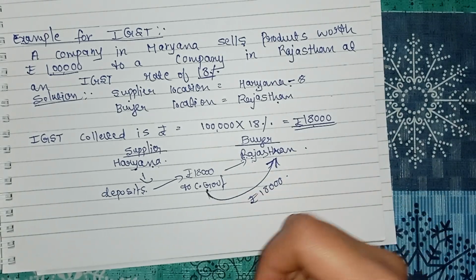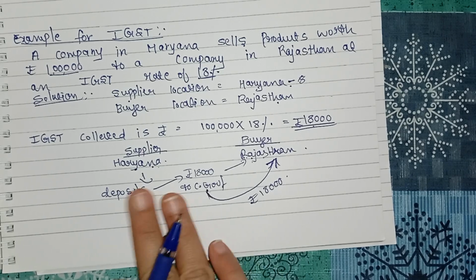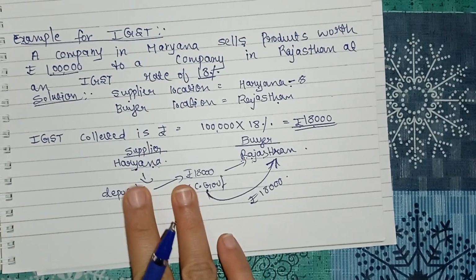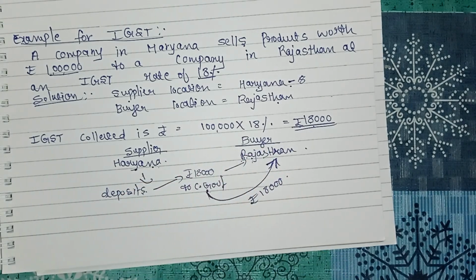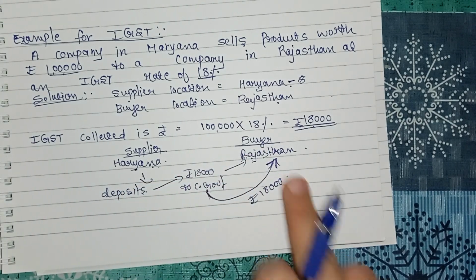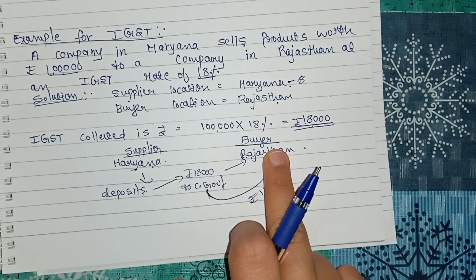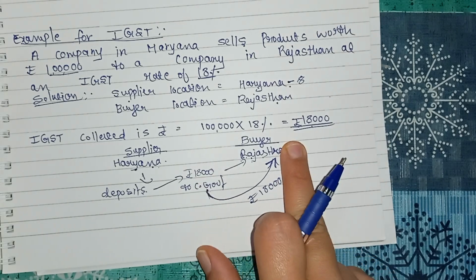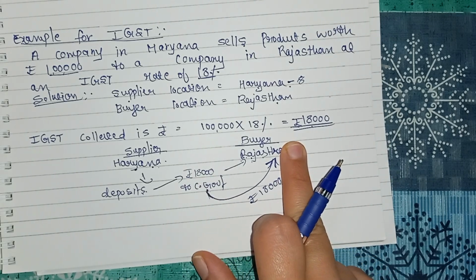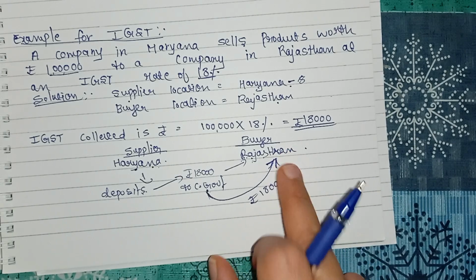Why? What is the rule? Central government collects IGST and it shares the revenue with the state where the goods or services are consumed. Here consuming state is Rajasthan. So the central government transfers rupees 18,000 to the state of Rajasthan, means it is the consuming state.